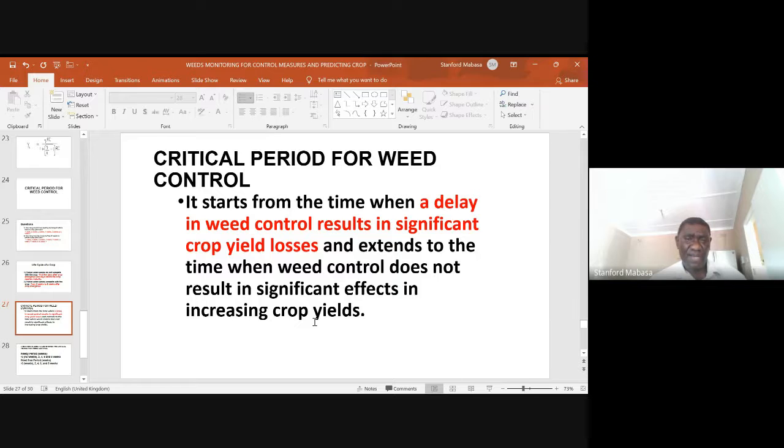So during the crop life cycle, there's a period when the crop is sensitive to weeds, and another period when the crop is insensitive to weeds. The time when the crop is sensitive to weeds is the critical period for weed control.